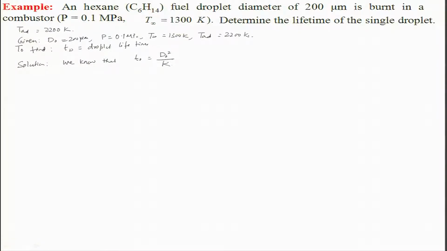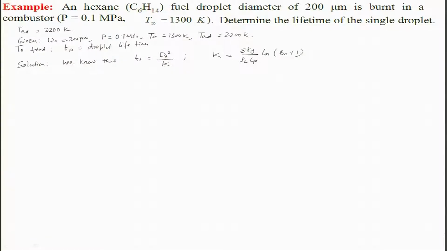Okay. And what is K? K, the burning rate constant, is equal to 8 Kg by rho L Cp ln(Bc plus 1). C I am using for combustion.